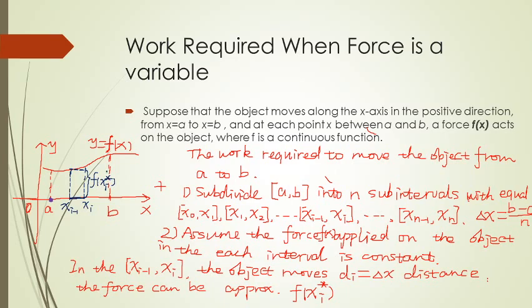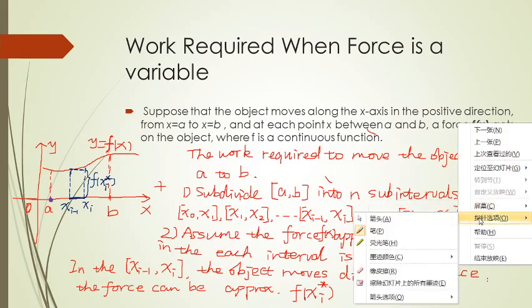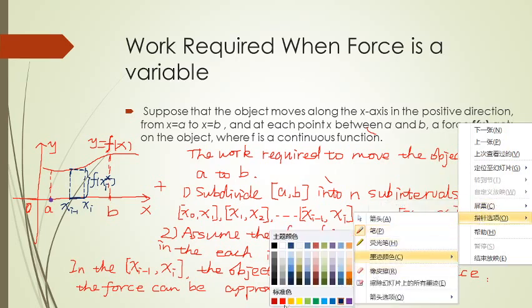So from here you will notice that we know the function value will change from xi minus 1 to xi, but we can use the function value at xi star to estimate. Then what is the work we required?